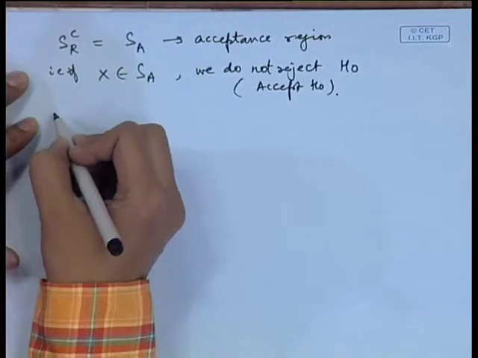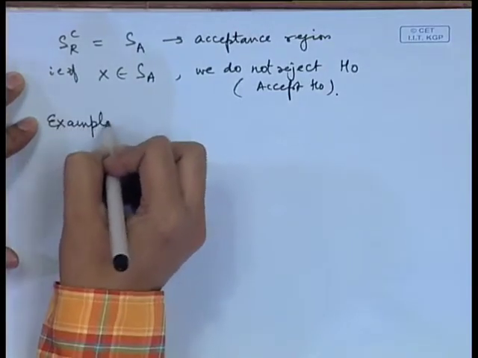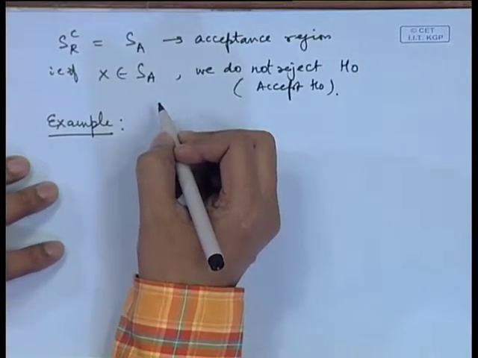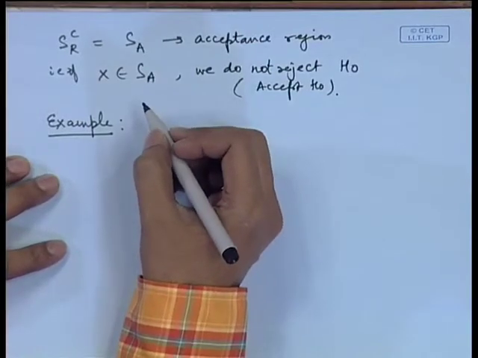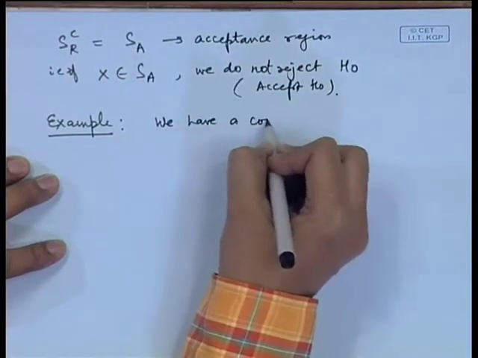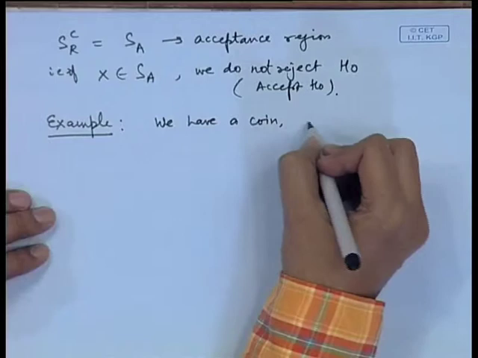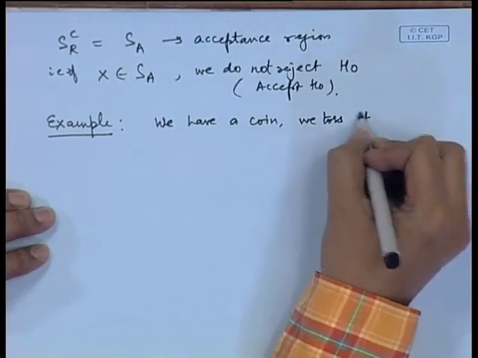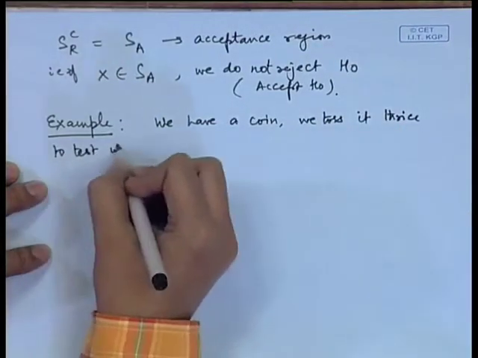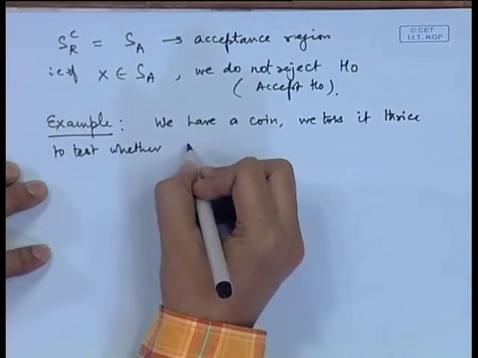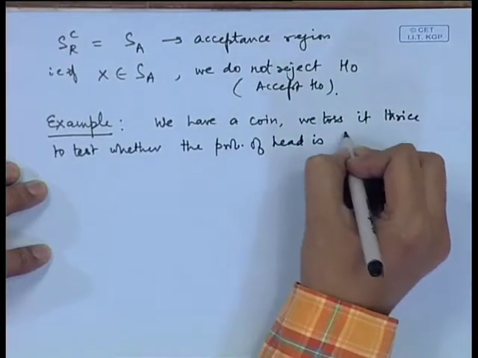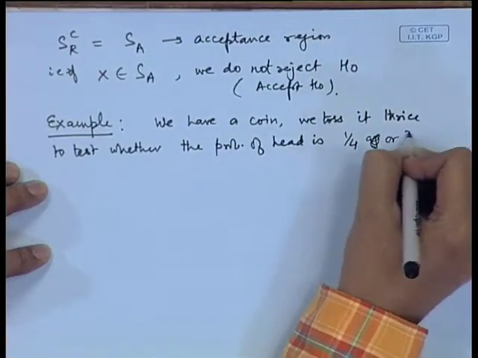Let us give one example here. We want to test whether, so we have a coin and we toss it say thrice, to test whether say the probability of head is say 1/4 or 3/4.